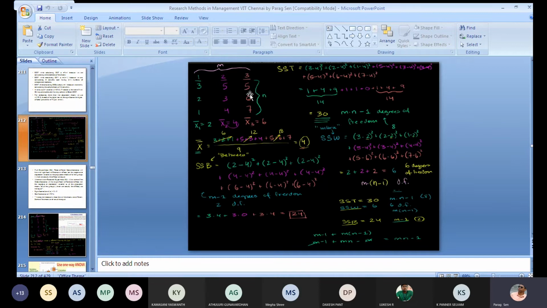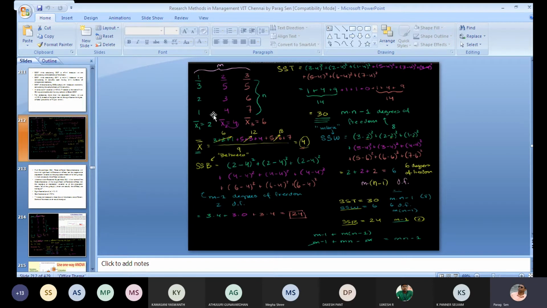Suppose the values of your response variable are given by this particular matrix: 3, 2, 1, 5, 3, 4, 5, 6, 7, and so on.